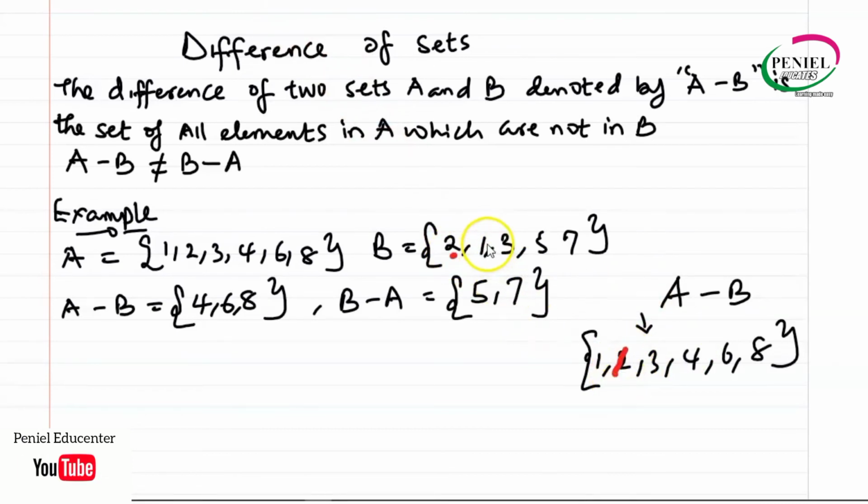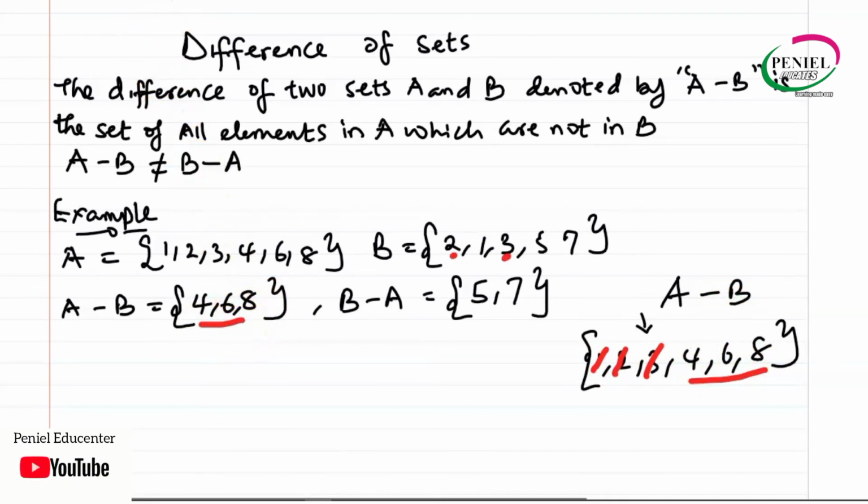I have 1 here, I'll take away 1. I have 3 here, I'll take away 3. What about 5? I don't have 5 in A, so I can't take away 5. 7, I can't take away 7. So A minus B is going to be elements 4, 6, 8 that are remaining.